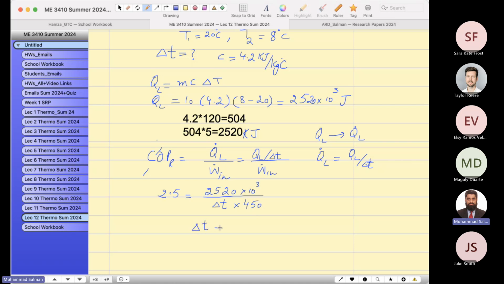So if you solve for this, you get 2240 seconds, about 37.33 minutes required, about 40 minutes required to cool 5 watermelons. Do you understand this question?